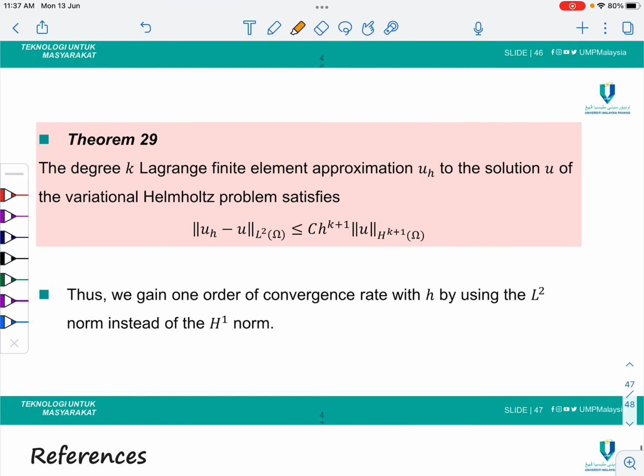In conclusion, we complete our analysis of the convergence of the Galerkin finite element approximation to the Helmholtz problem. Similar approaches can be applied to analyze other elliptic PDEs by using similar steps.